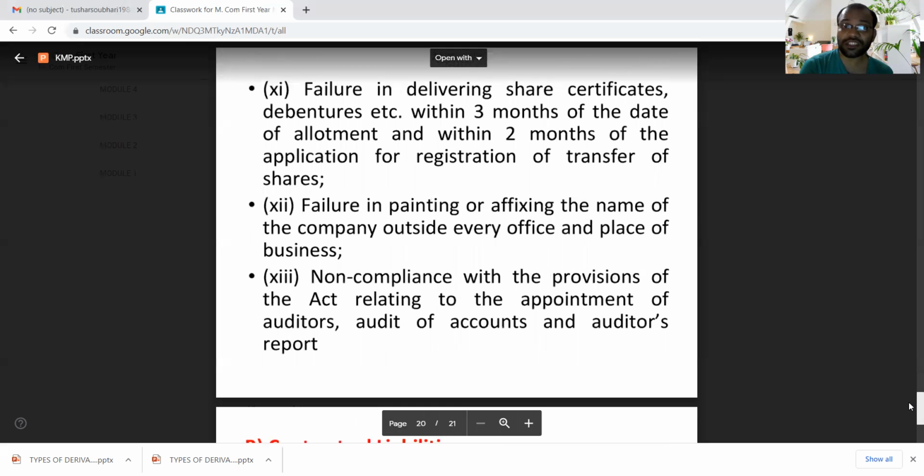Failure in delivering the share certificates, debentures, etc., within 3 months of the date of allotment and within 2 months of the application for the registration of transfer of shares; failure in painting or fixing the name of the company outside every office and place of business; non-compliance with the provisions of the Act relating to the appointment of auditors, audit of accounts, and auditor's report.